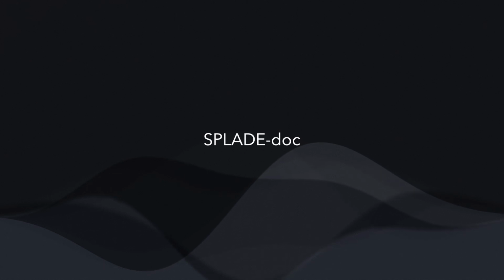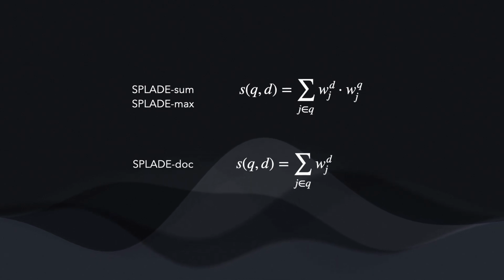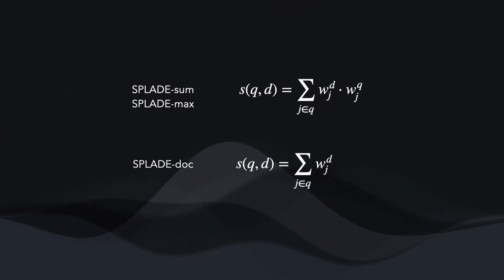We call this version SPLADE doc. Here, instead of calculating cosine similarities between the query and document representations, the ranking score is simply the sum of the term weights in the document that appear in the query. Since the ranking score only depends on the document's term weights, everything can be pre-computed offline, so the inference cost can be reduced while still having competitive results.